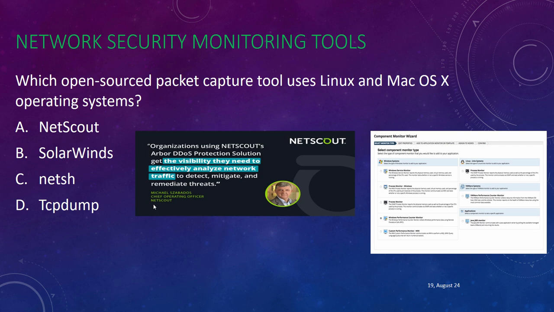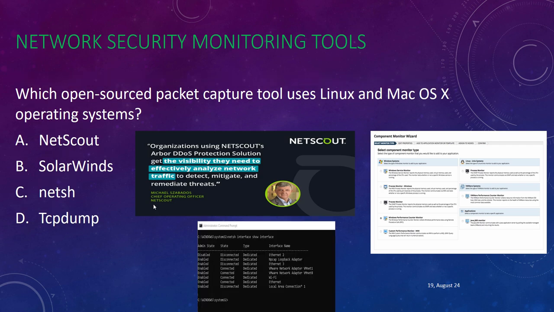Then if you look at our third option, which has to do with Netsh, Netsh is a Windows command line utility that allows you to display or modify the network configuration settings of a Windows computer. So Netsh is a utility for Windows, for doing your network configurations on Windows.